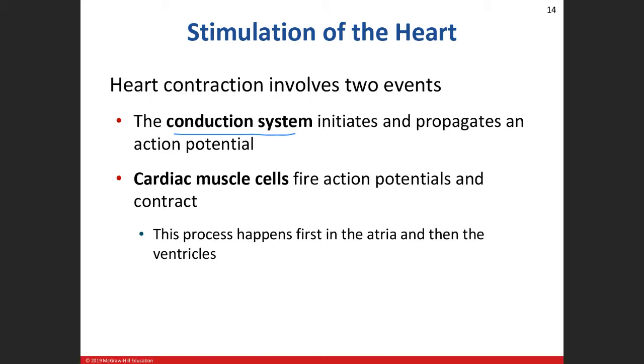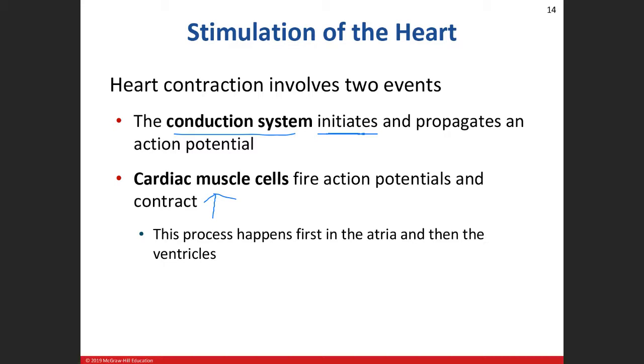Our end organ is the cardiac muscle cells. So the conduction system is going to transmit that information from our central nervous system, initiate the action potential, and send that action potential to the effector tissue, which in this case are our cardiac muscle cells.